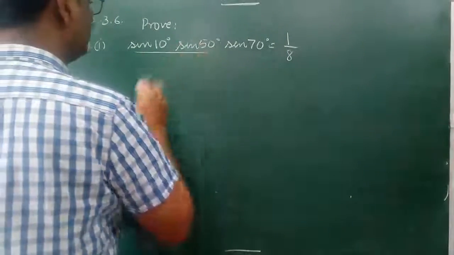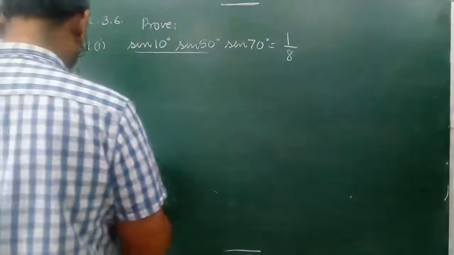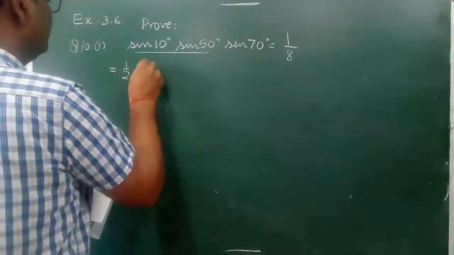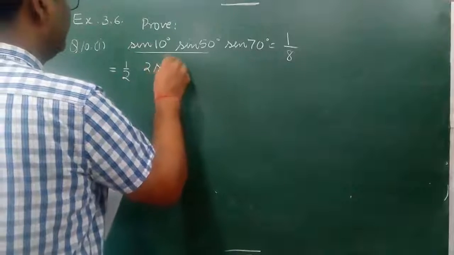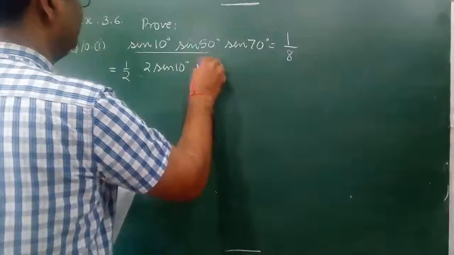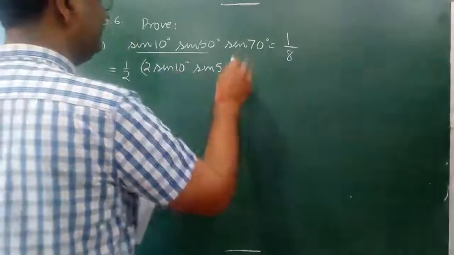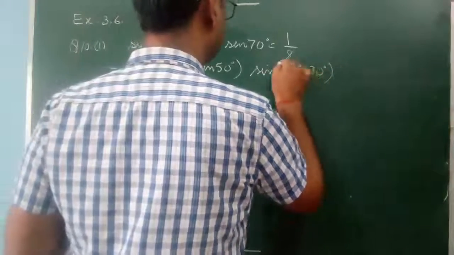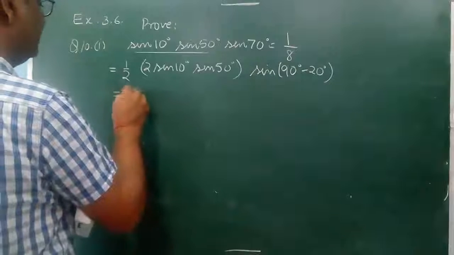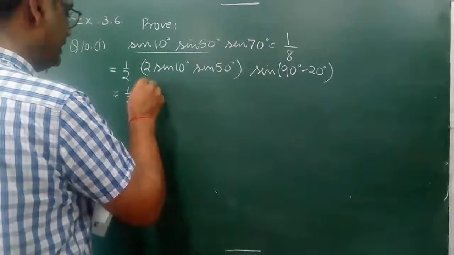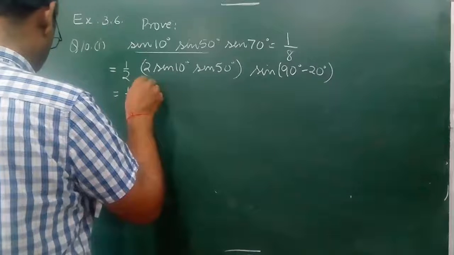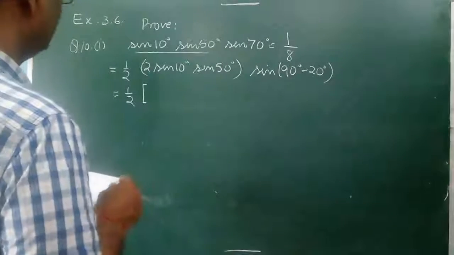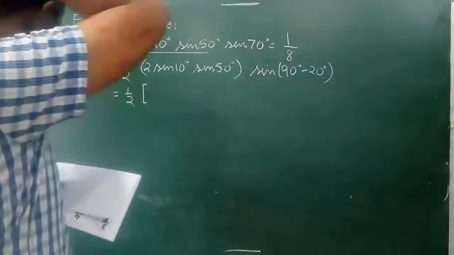So we will be taking these two first, and then we will be taking that one. So this one we can write 1 by 2 into 2 sin 10 degree, sin 50 degree, and sin 70 we can write as sin (90 minus 20 degree). This is 1 by 2, 2 sin A sin B. So what can we have? 2 sin A sin B.